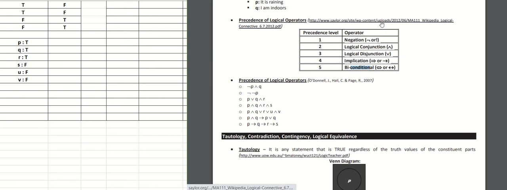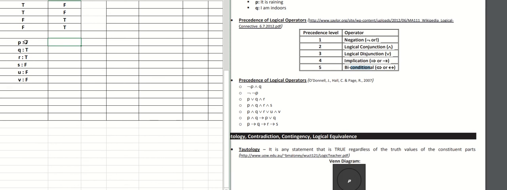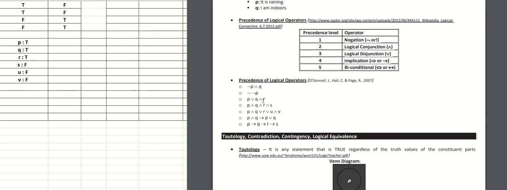Okay, let's proceed. I have given here the propositions' values. We have the propositions P, Q, R, S, U, V, and they each have their own value. Let's first try to solve the first statement and get its precedence.